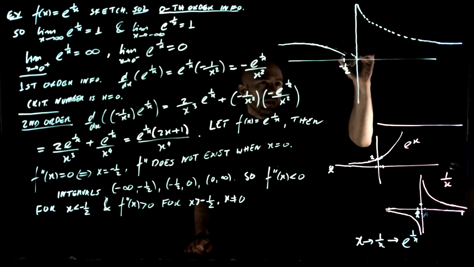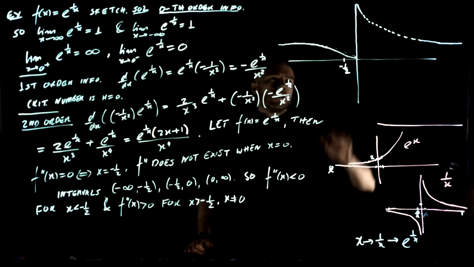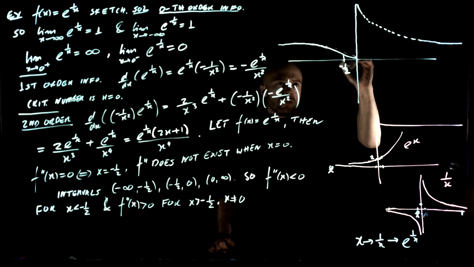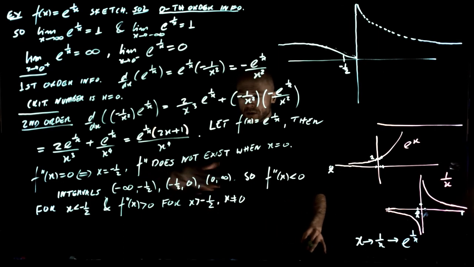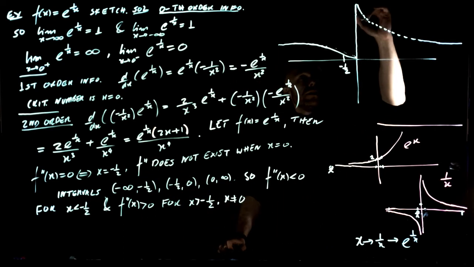So we can have something like this, and then it changes and starts to be concave up on this last little part here. That is possible. That makes sense. And then it is concave up from 0 to infinity. Yeah, that definitely makes sense.